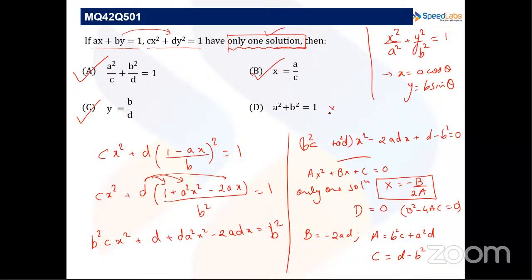This is not applicable here, so our options are A, B and C. In this type of question, what we have to do is try to find as many relations as you can.